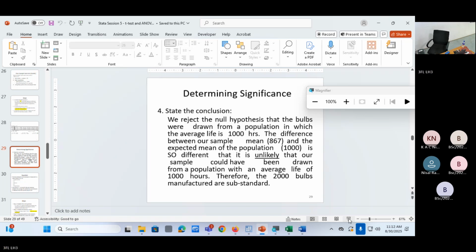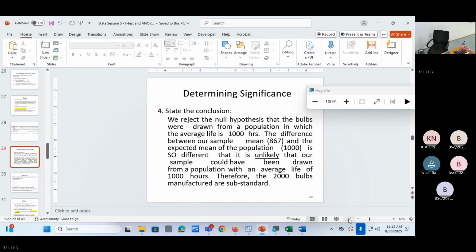Right. This is how quality testing is done by customs, by SLAs, and other places. You take a population and you take a sample out of that, and you see whether the sample average is significantly different from the expected population average.